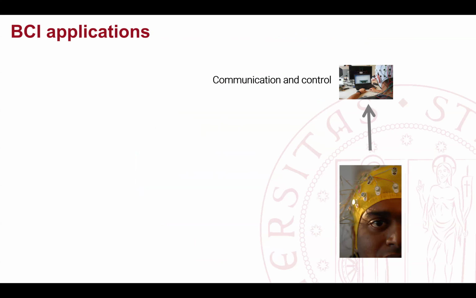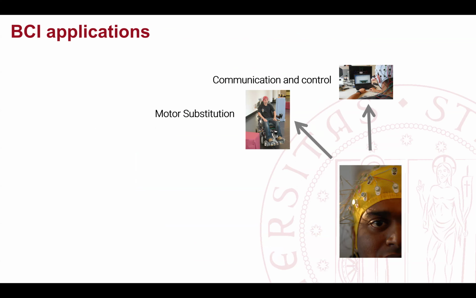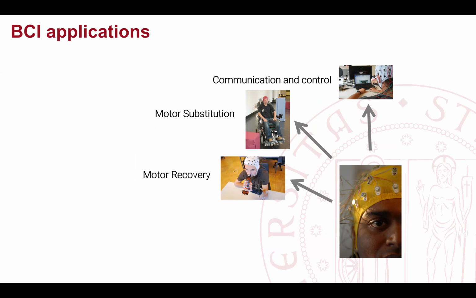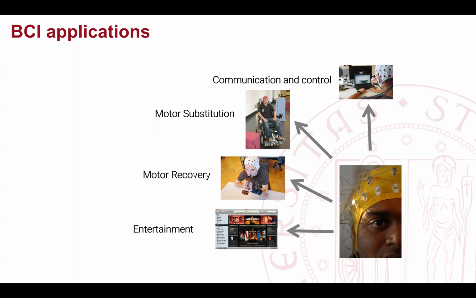And there are several applications, not only for BCI but in general for EEG: communication and control, motor substitution, for example to control a wheelchair, motor recovery in rehabilitation, and now there is a huge trend of using EEG in entertainment, not only for controlling the device, but even just to measure the engagement, the playability, the effort, while the user is involved, for example, in a virtual reality game.